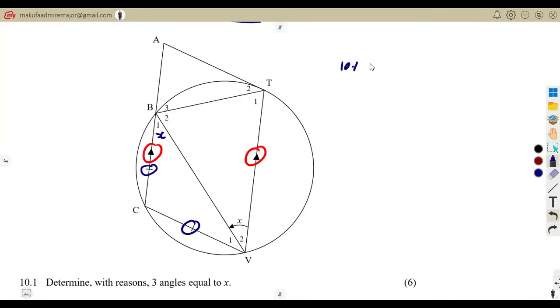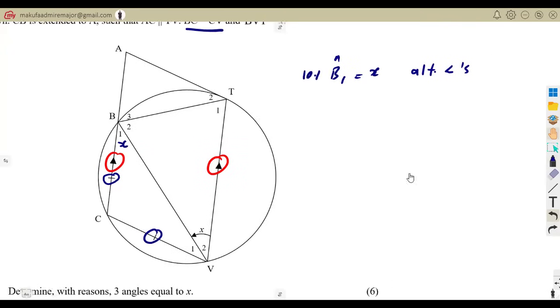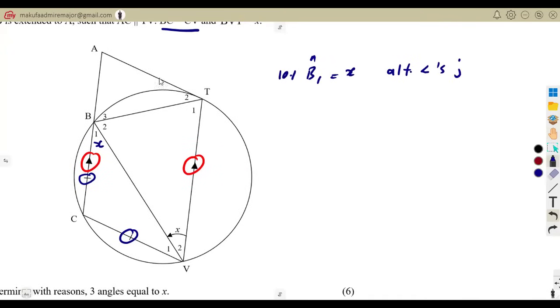You can consider angle B1 to be equal to X. What are we talking about there? Alternate angles. I'm just going to write in short. Since AC is parallel to TV.